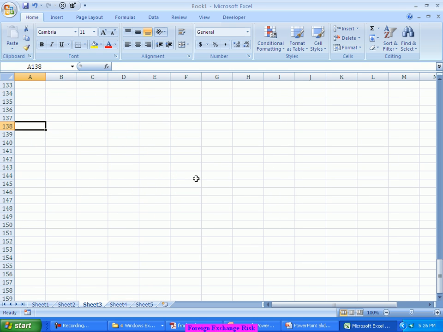So let's look at foreign exchange currency in assets and liabilities. In assets, probably $25 million he has lent in US currency itself.